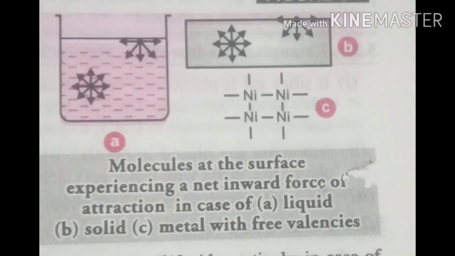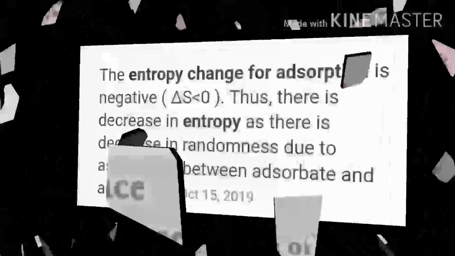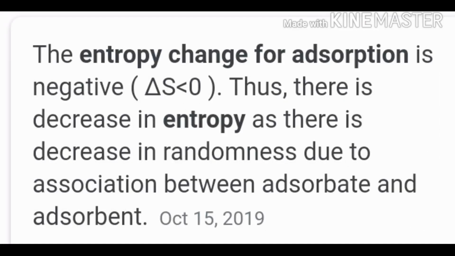Because of the unbalanced inward forces of attraction or free valences at the surface, liquids and solids have the property to attract and retain the molecules of a gas or a dissolved substance onto their surface with which they come in contact.